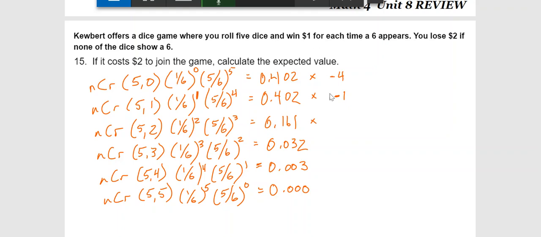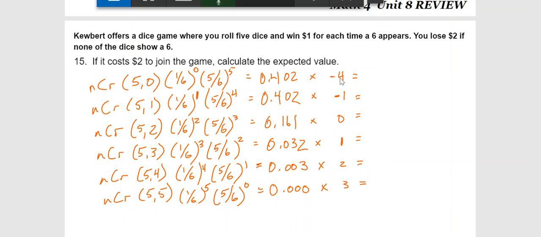Now, if he gets $2 for 2 6s, he still paid $2 to get in, so he broke even there. He'll have to get 3 6s in order to make money on this one. 3 6s would be $3 less the 2 means that he makes $1, and you can kind of see the trend here where that is going.